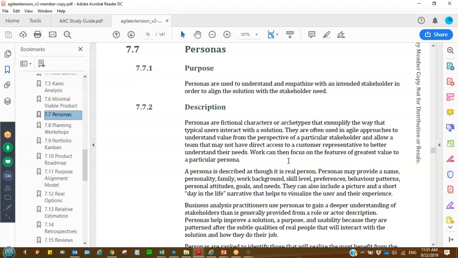So one customer segment was the people who were getting an anniversary present for their wife or husband, who wouldn't do this all the time, but this was a really special occasion for them, and so they were not people who were used to this particular service, but who might be attracted to this service.